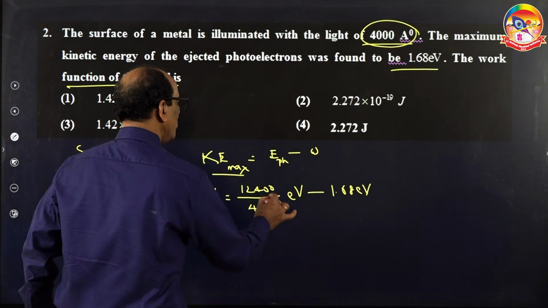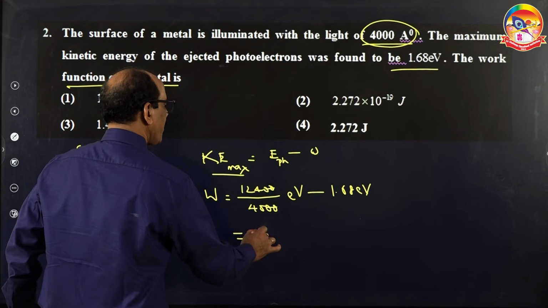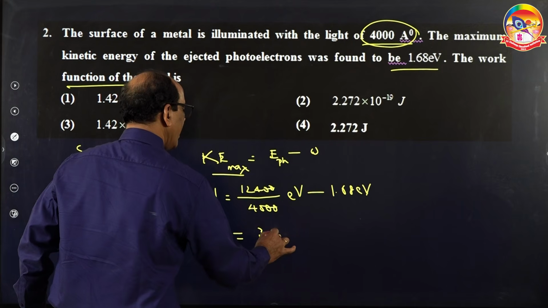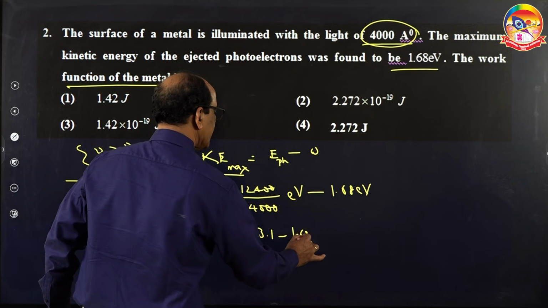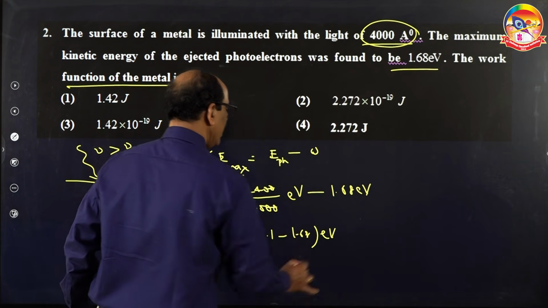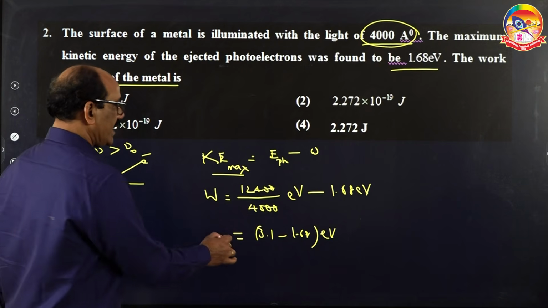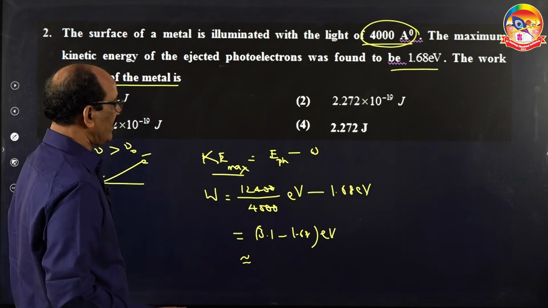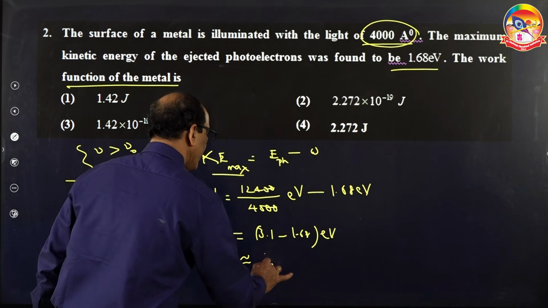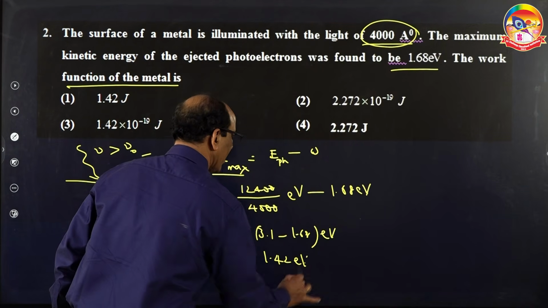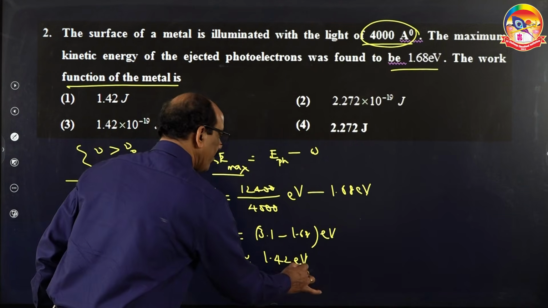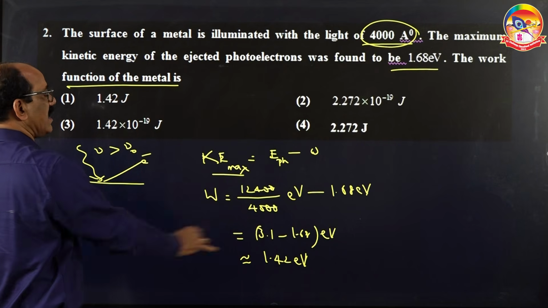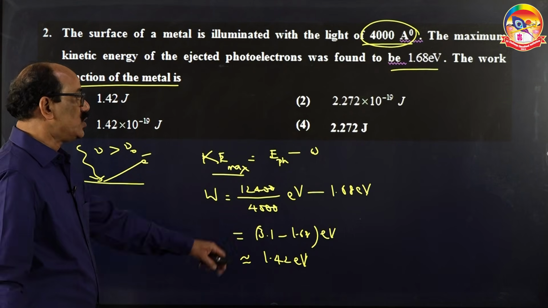So that we get it to be equal to 3.1 minus 1.68 electron volt. On simplification, we get 1.42 electron volt. So this can be the answer, but the options are not given in electron volt, they are given in joule.